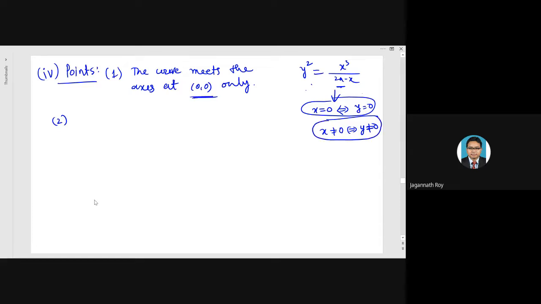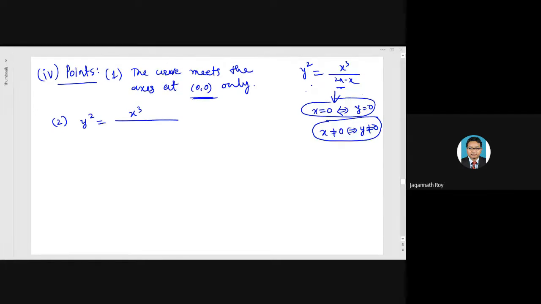It touches. Next, a student asks: sir, don't you consider inclined asymptote? If you take inclined asymptote, what happens? For inclined asymptote, what do we have to consider? You remember the last topic that we have discussed?